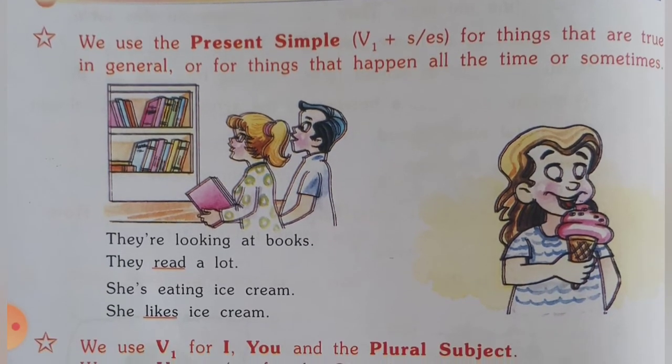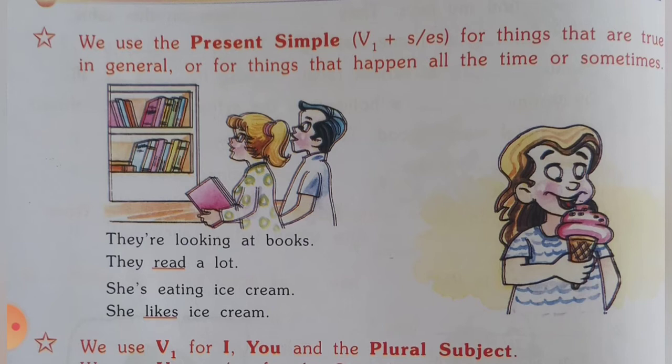Second, she is eating ice cream. She likes ice cream. Here we use the main verb with the pronoun they, because they is a plural pronoun.